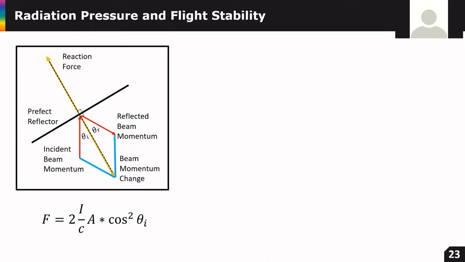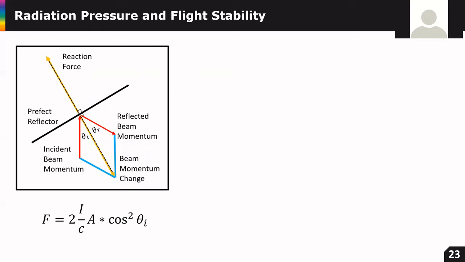Radiation pressure is what makes this whole thing work. It's the force of light. And what happens here, in this diagram on the left, is when a photon hits a perfect reflector with an angle of incidence, it reflects with an angle of reflection equal to its angle of incidence, meaning its momentum change is perpendicular to the surface at that point, normal to the surface.